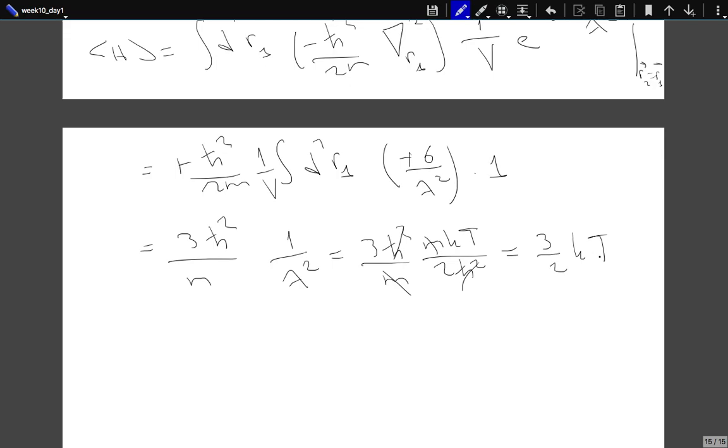Of course, things will become more interesting when we start the identical particles. We already had some discussion about identical particles. Here, at least in quantum mechanical systems where the quantum effects will be important, the property of being identical will be important.